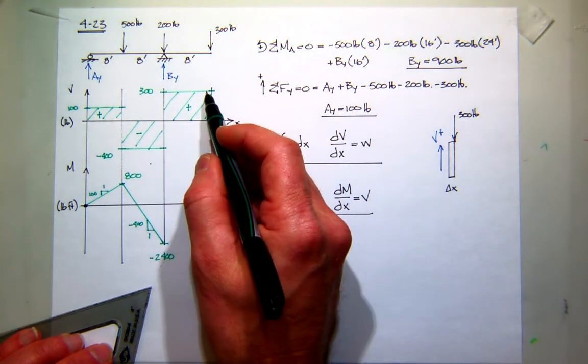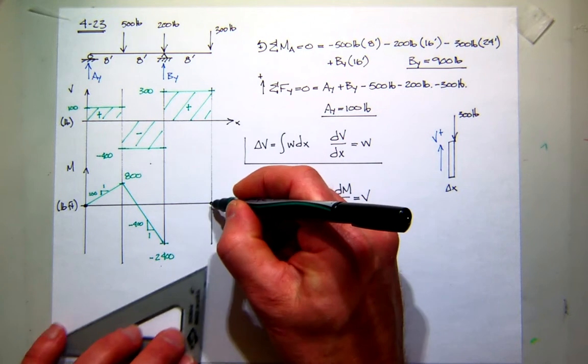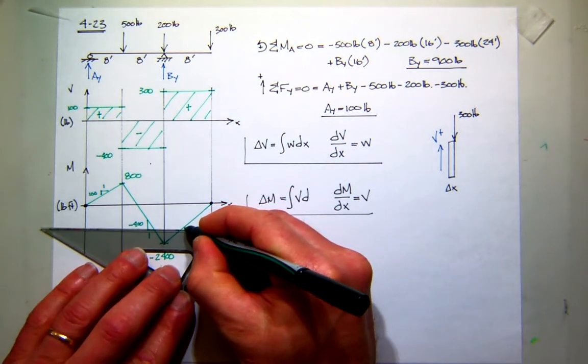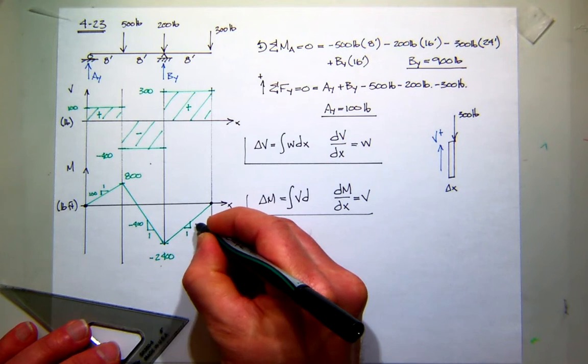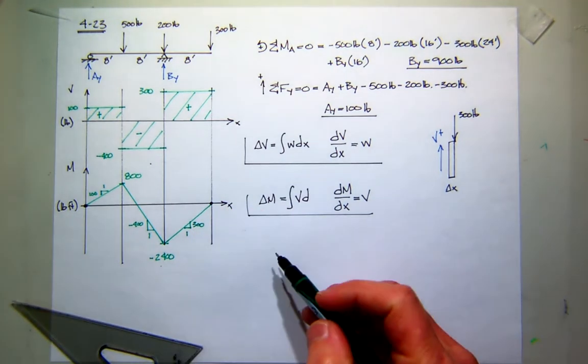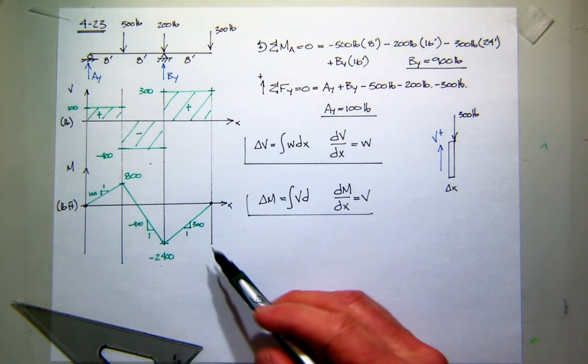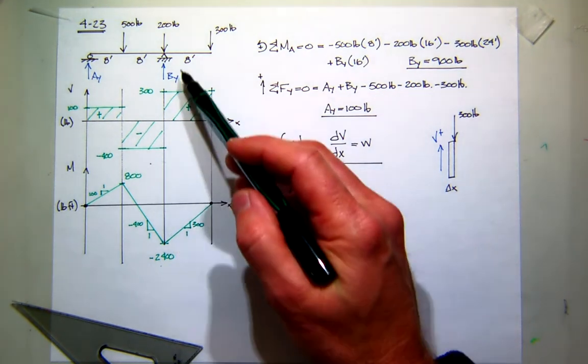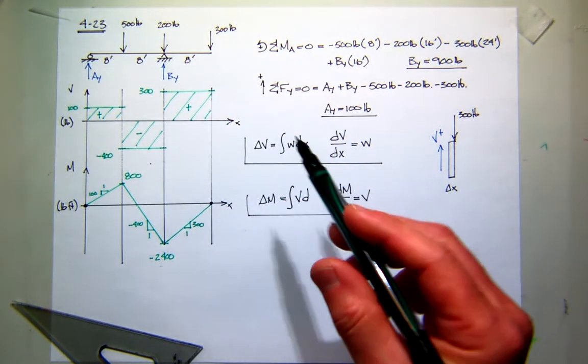The shear is constant, positive. Here's a constant positive slope. This is not to scale, obviously, but it would be a 300 to 1 slope. And there's your moment diagram. So where's the maximum moment? It's 2,400 and occurs over the support at B.